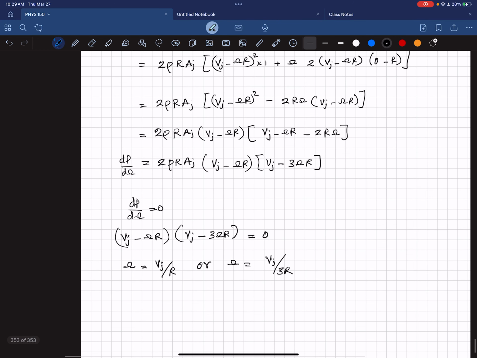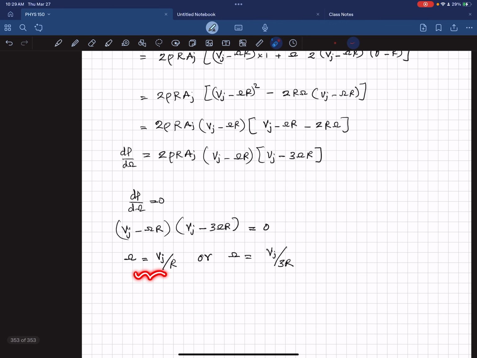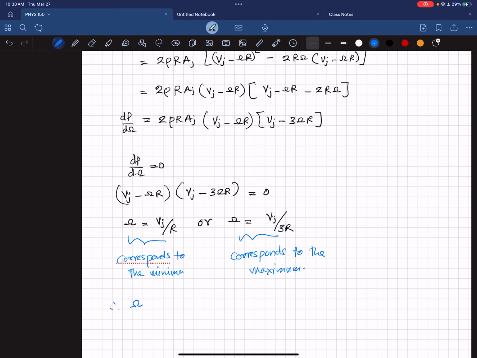If you apply Vj over r for omega in the power equation, this term is going to be 0. That means power is going to be 0, so this corresponds to the minimum, and this corresponds to the maximum. Therefore omega is equal to Vj over 3r when P is maximum.